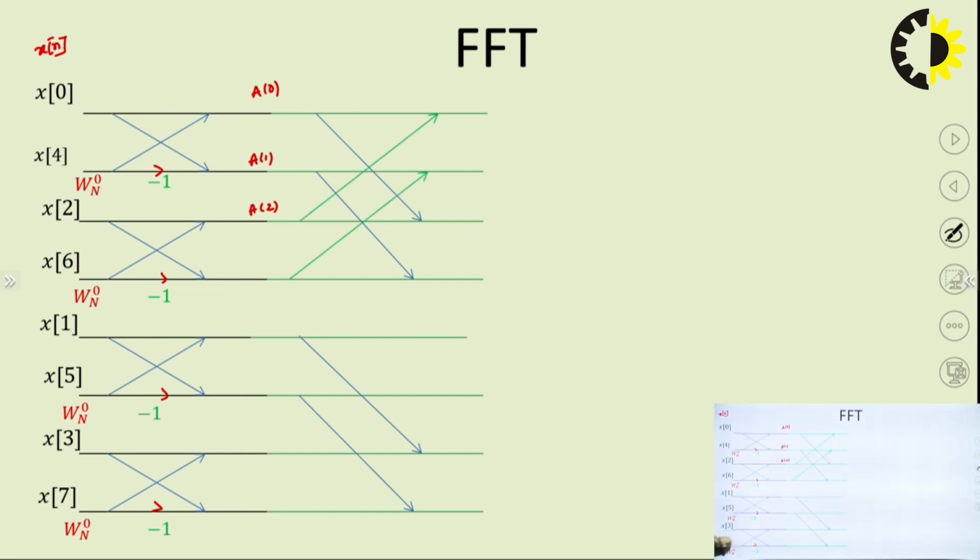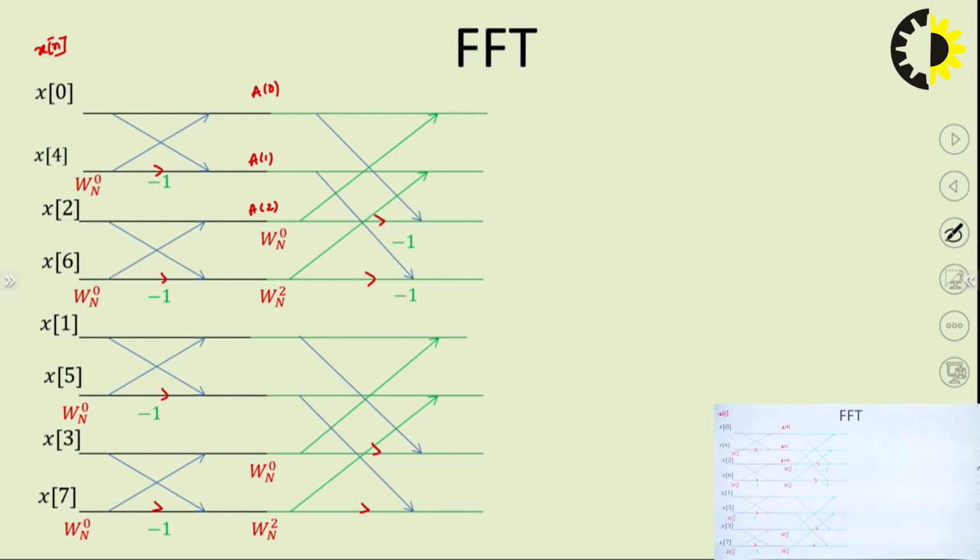The reverse order will also be applicable. Then these lines will be made negative as per the computation using the twiddle factor symmetry property, so in this case it will be Wn raised to the power 2, Wn raised to the power 0, minus 1, again Wn raised to the power 0, and Wn raised to the power 2.